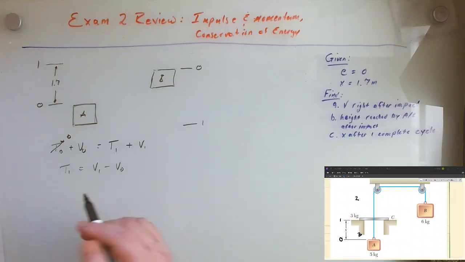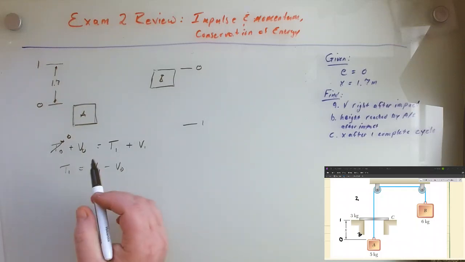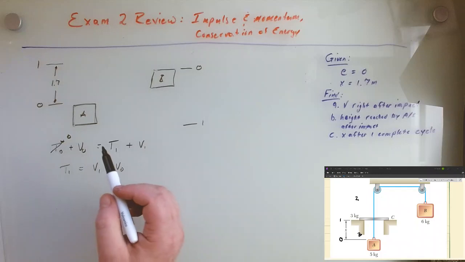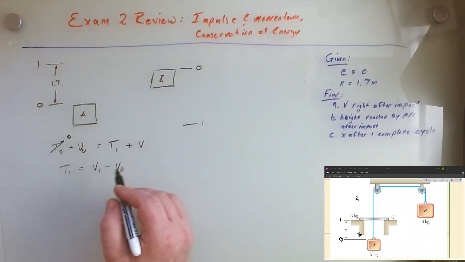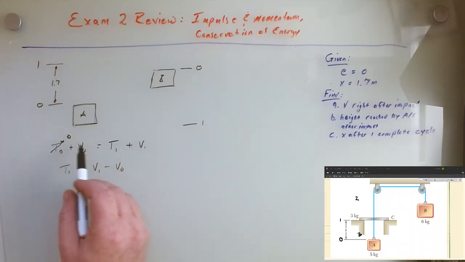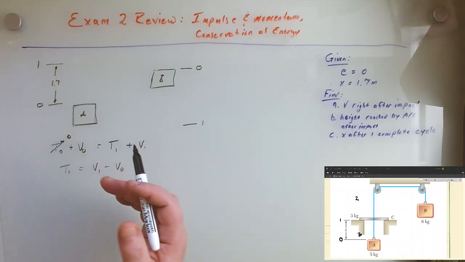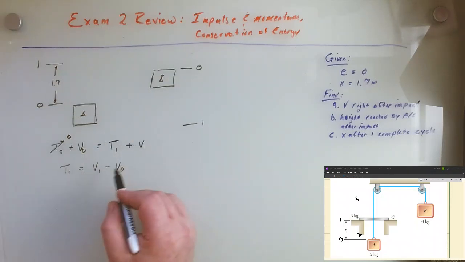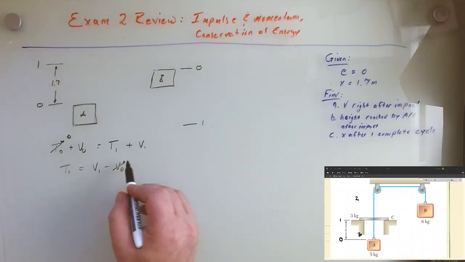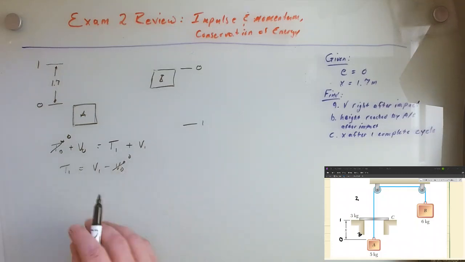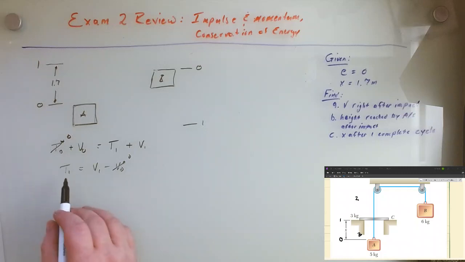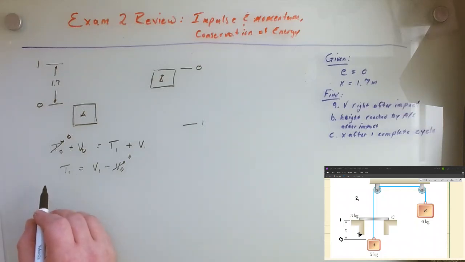Well, we can actually shortcut this and just assume that V0 has no value, and I'll show you what I mean in a second. It's just a shortcut. We could do it either way, but let's do it this way, and I'll show you what all that means.